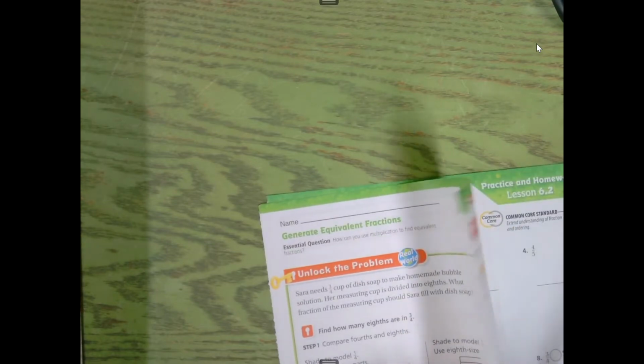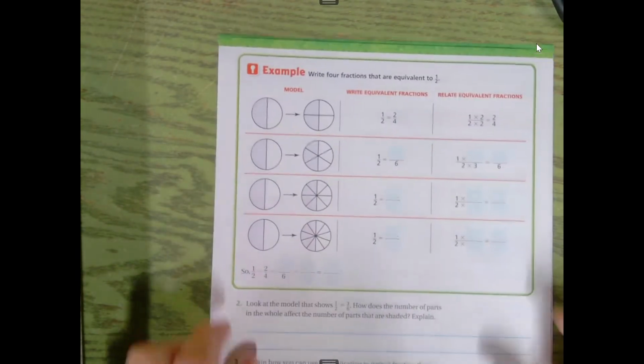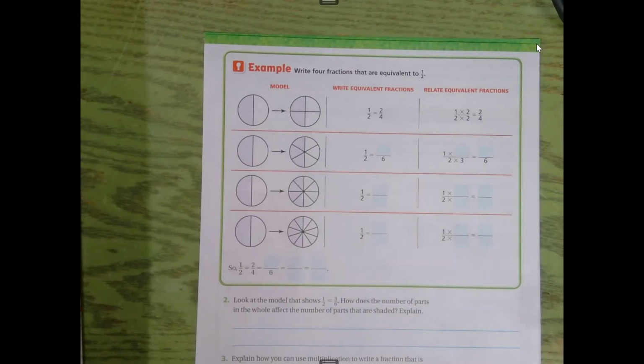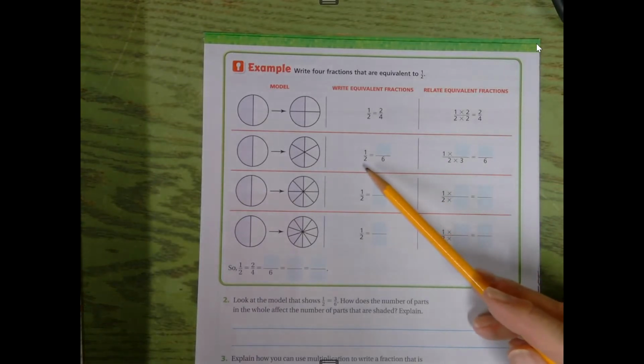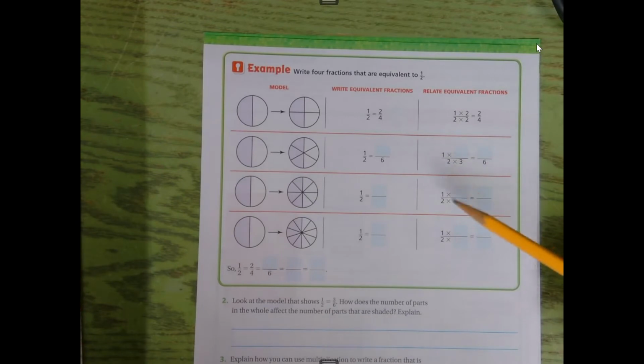Now let's go to page 334, right here. Okay, they're showing you on this page the exact same thing that I just taught you. So right here we've got 1/2 is equal to how many 6ths?